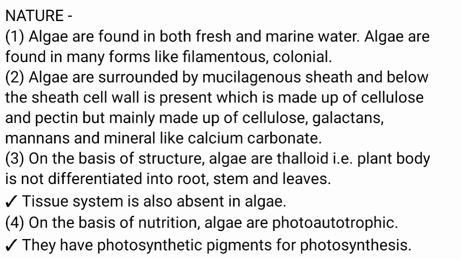The cell wall is made up of cellulose and pectin, but mainly made up of cellulose, galactans, mannans, and minerals like calcium carbonate. On the basis of structure, algae are thalloid, which means the plant body is not differentiated into root, stem, and leaves. Tissue systems are also absent in algae.